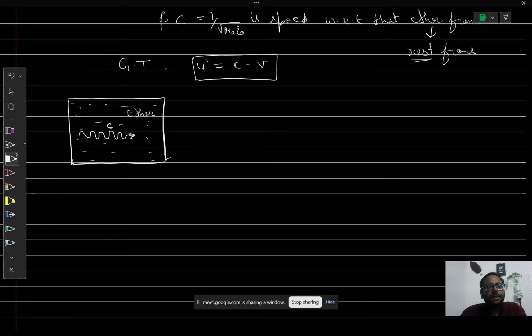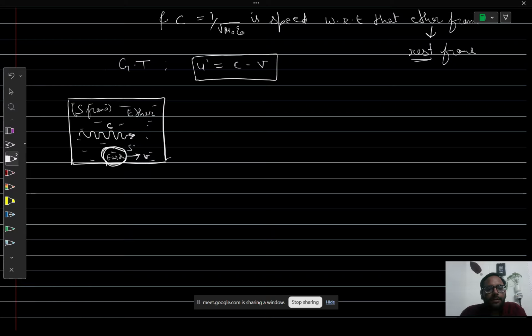Consider the ether as my S frame. With respect to this ether, I have my Earth, moving with some velocity in some random direction.